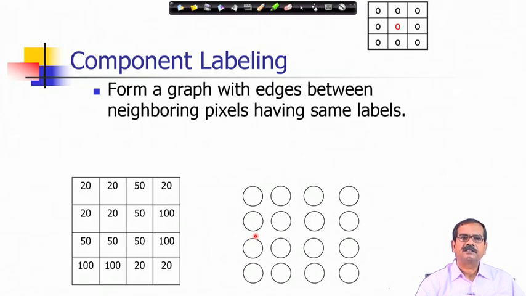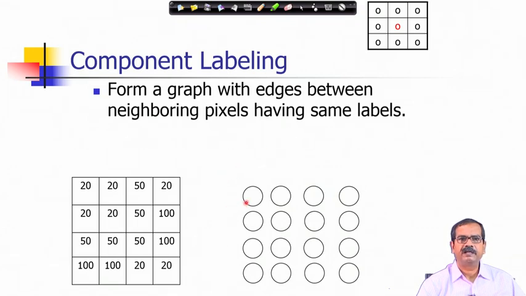Let us discuss a particular case when you want to get the components preserving the 8 connectivity of pixels. Let us take this particular example. This is a small image, for example a 4 by 4 image, and each pixel value is represented by these numbers. What we do is form a graph with edges between neighboring pixels having the same levels.